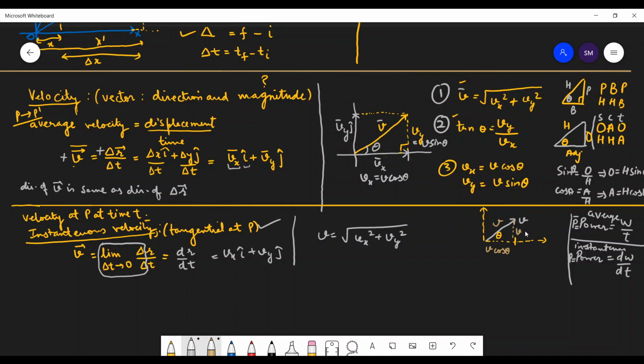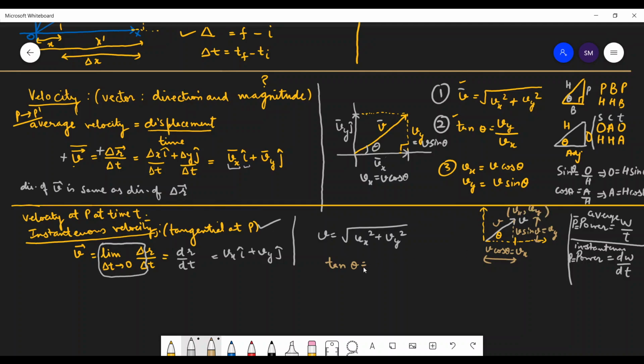This is Vy, so this is Vx and this is Vy. So this much is Vx and this much is Vy. Here the coordinates will be Vx and Vy.